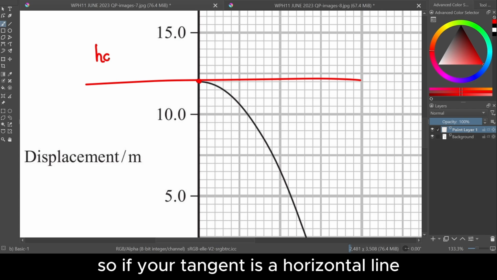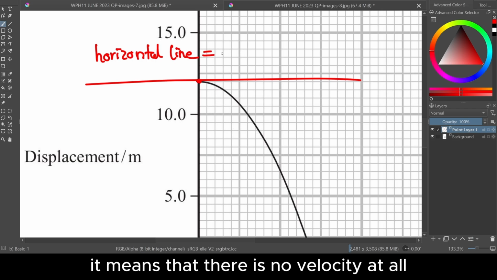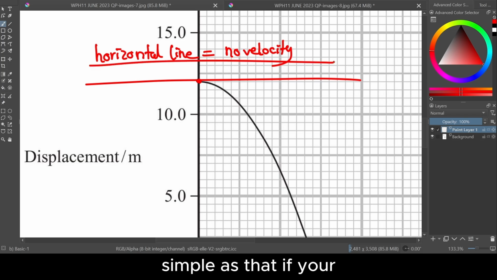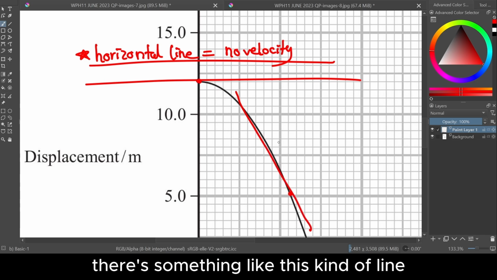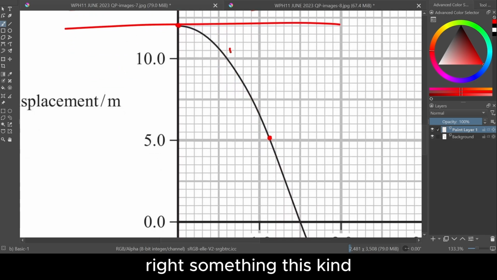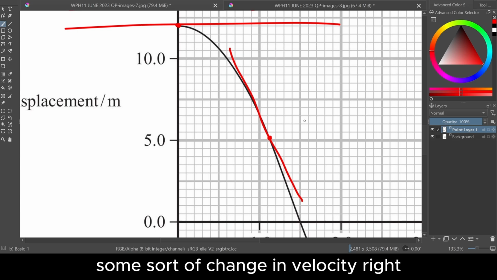So if your tangent is a horizontal line, it means that there is no velocity at all. Simple as that. If your tangent is a horizontal line, it means no velocity. If it's somewhere at this point where you draw a line like this, that means it has some sort of velocity, some sort of change in displacement.